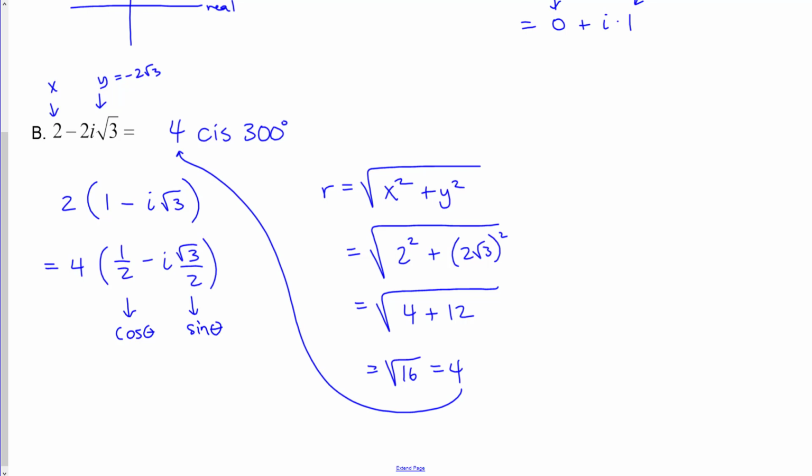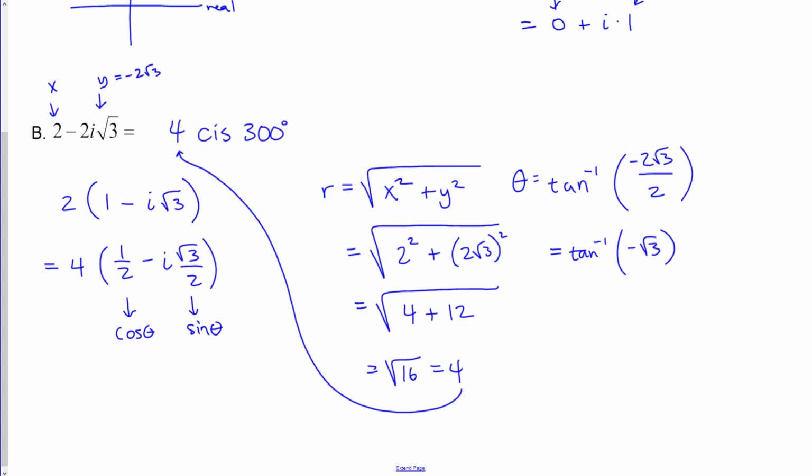Now, for the other, we would have to do the arctangent. So theta is the arctangent of y over x. So this would be -2 root 3 over 2. So the arctangent of, in this case, -√3.